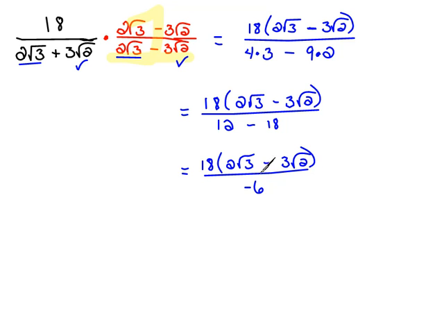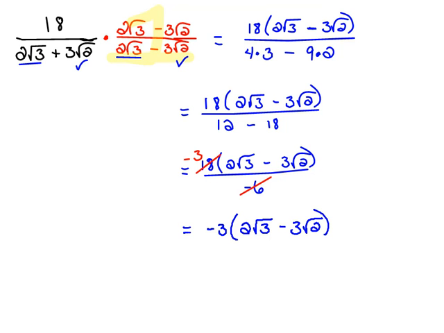Now, negative 6 will divide into 18, so we can actually go ahead and do some canceling here at this point. Negative 6 goes into positive 18 negative 3 times. So now we have negative 3 times 2 square roots of 3 minus 3 square roots of 2.